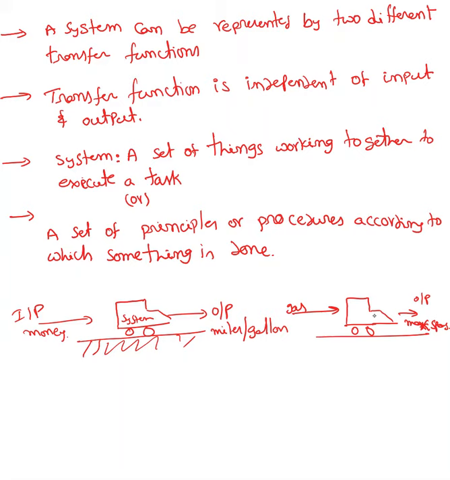Now for the same system, your transfer function is different. Here your output is maximum speed and your input is gas. Based on this, you're going to have a different set of state variables to define this system. Even though both of them are cars, this car has a different transfer function from that car. That's not because of different output or input, that's because of the state variables you chose to build that system.